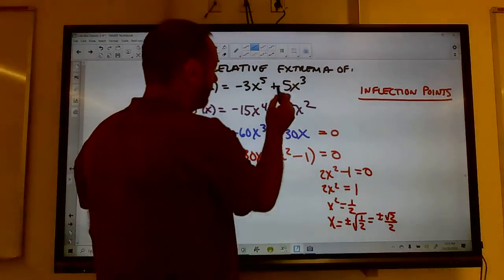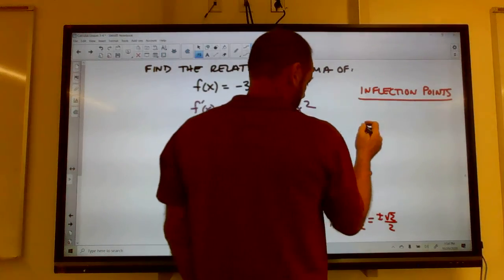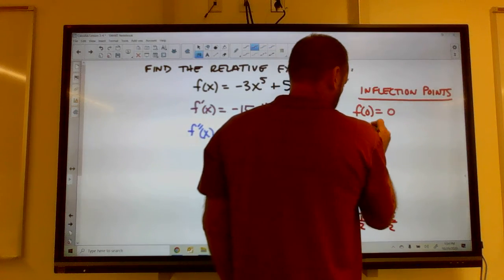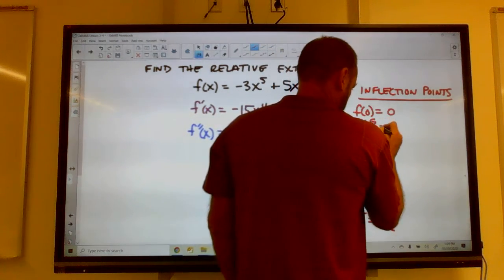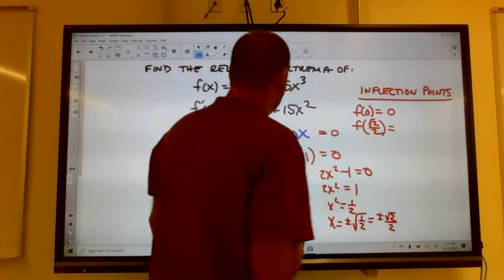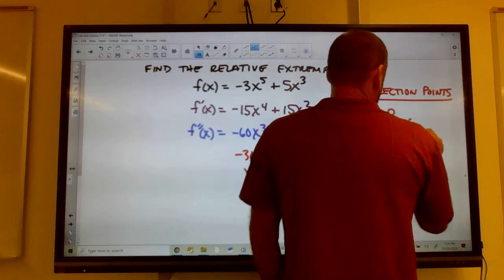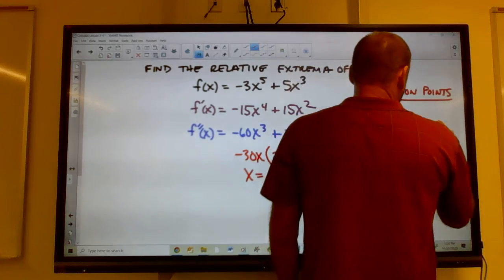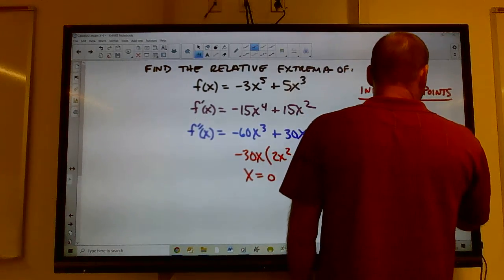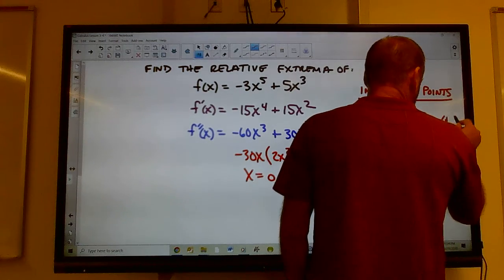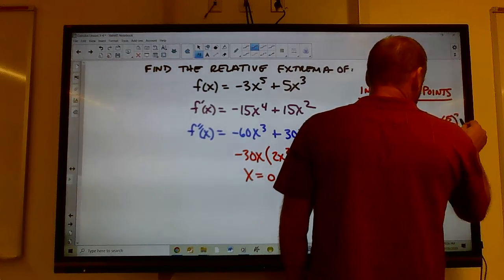So f of 0 would be 0. F of square root of 2 over 2, that's going to be tougher. Negative 3 times square root of 2 over 2 to the 5th plus 5 times square root of 2 over 2 to the 3rd.